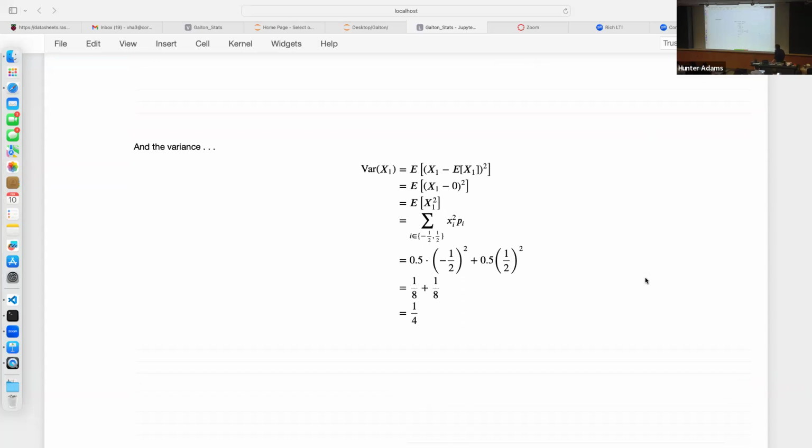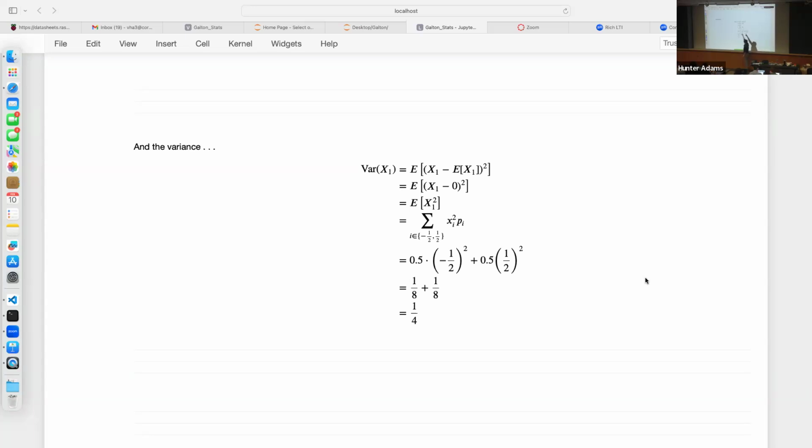And by a nearly identical analysis, we can also compute the variance of a single Bernoulli trial. I'll remind you that the variance is the expected value of a slightly different random number. It's the expected value of the random number in question, in our case x1, left or right, minus the expected value of that, squared. We just computed the expected value of that and found it to be 0.